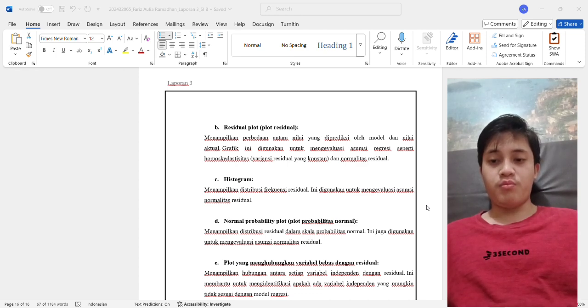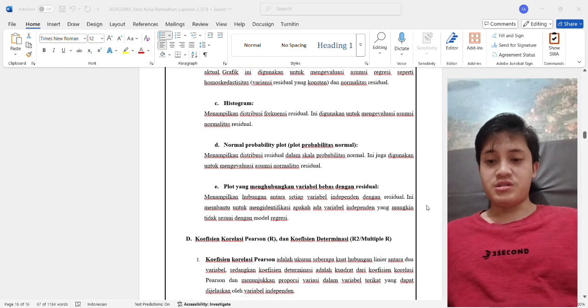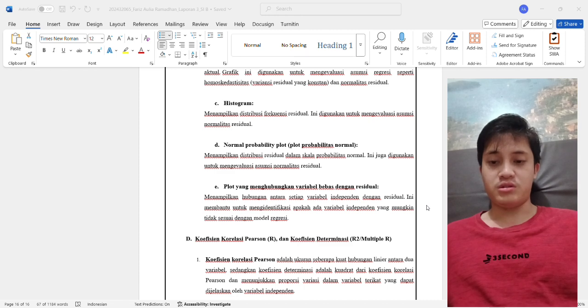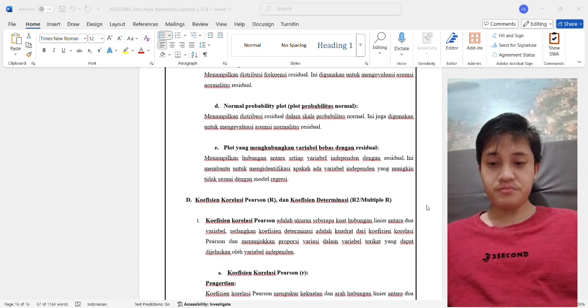D. Normal probability plot displays the distribution of residuals on a normal probability scale. E. Plots relating independent variables to residuals show the relationship between the independent variable and the residuals.